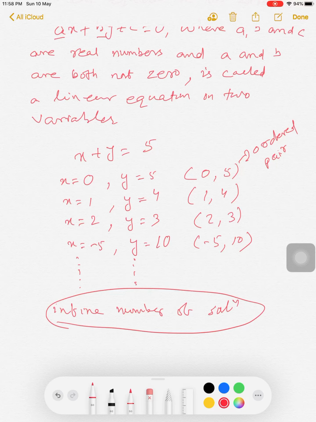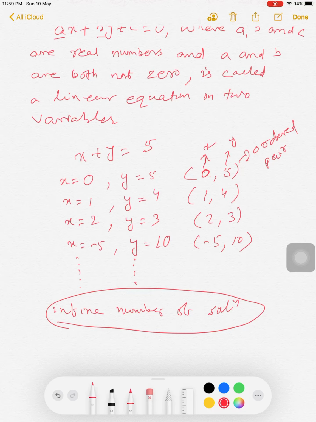Ordered pair means whatever we have written first, it represents the value of x, and whatever we have written second, it represents the value of y. So the ordered pair (0, 5) means it represents x value 0 and y value 5, and we cannot reverse this order, right? We cannot write it as (5, 0). It will be wrong.